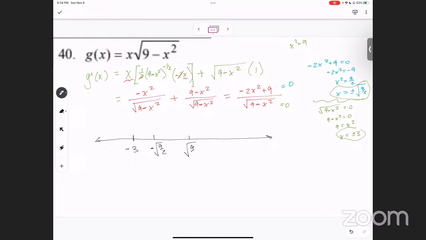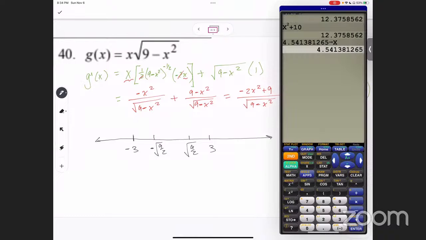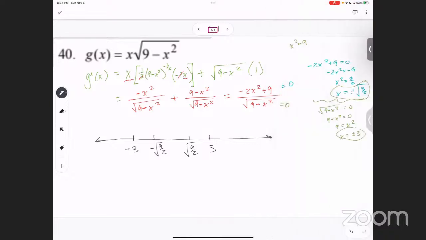Square root of 9/2 is going to be here, and 3 is going to be here. If you're not sure about that, let's do it in the calculator real quick. The square root of 9/2 is going to be 2.12.